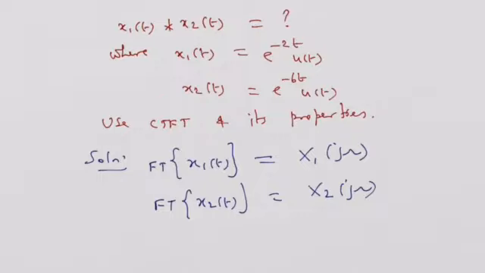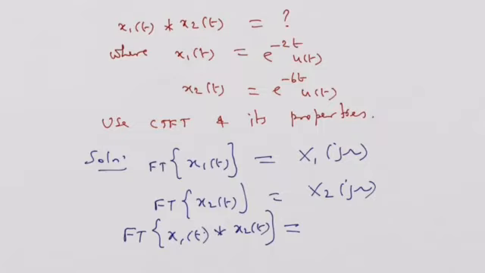But what about the convolution of x1 of t with x2 of t and applying Fourier transform on the result, according to the convolution property? It need not be done by taking x1 of t, convolving it with x2 of t, and then applying Fourier transform over the result.